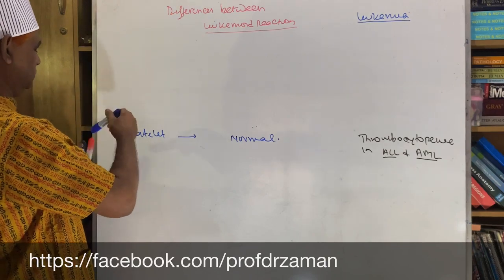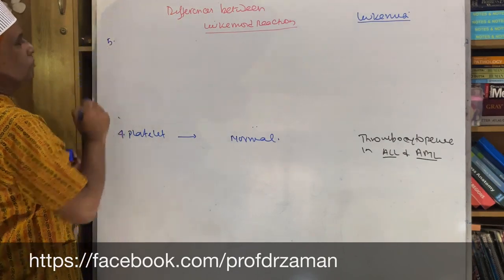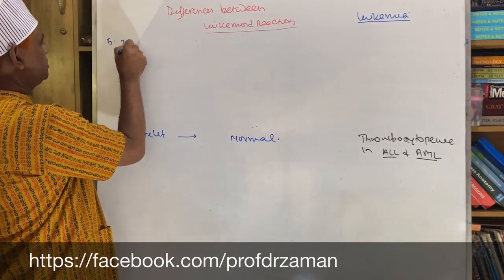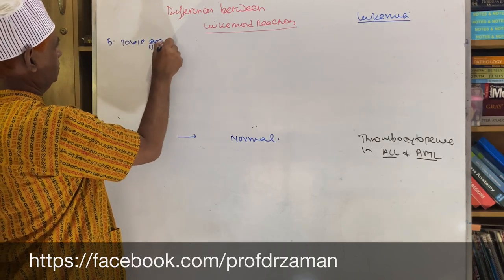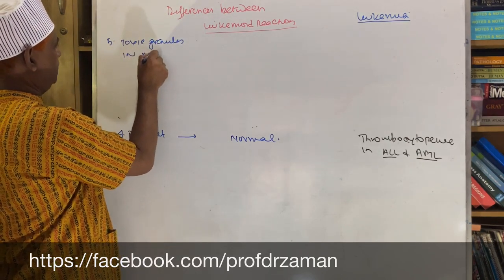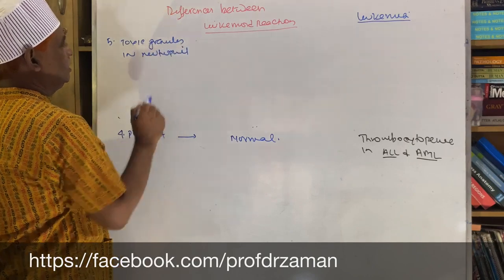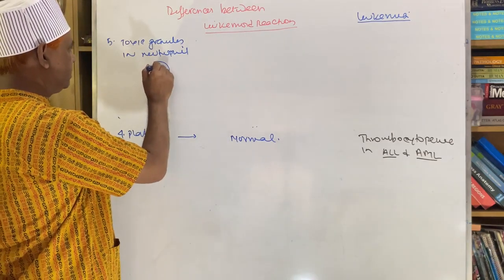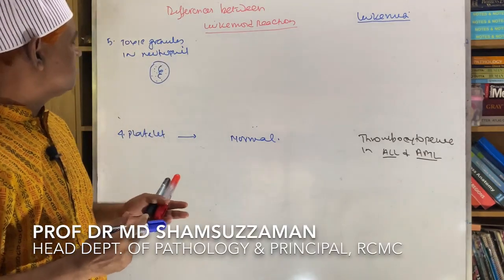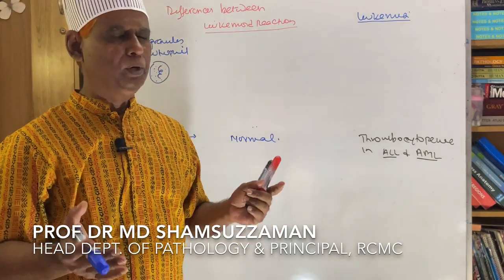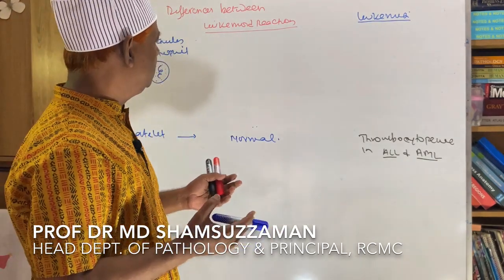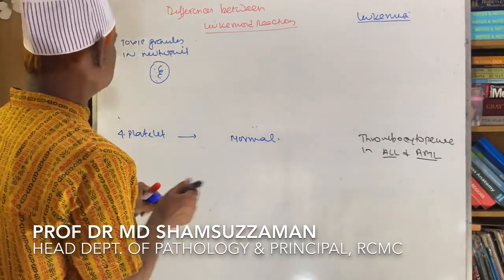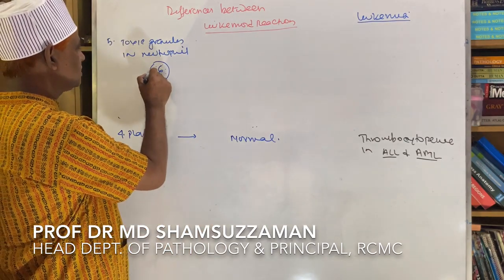Then toxic granules in neutrophil. Dear audience, you know, if this is the neutrophil with fine granules, if anybody suffers from infection or acute inflammation where there will be neutrophil leukocytosis, due to infection this neutrophil shows toxic granules within the cytoplasm.